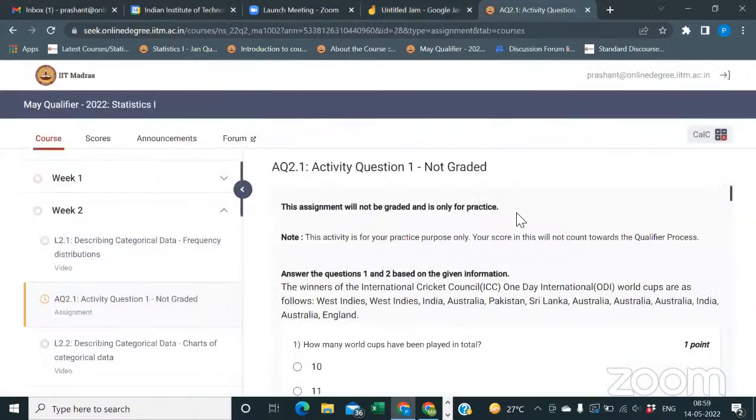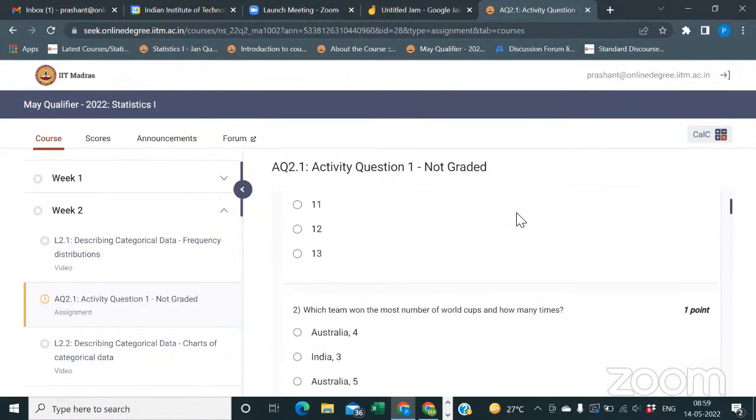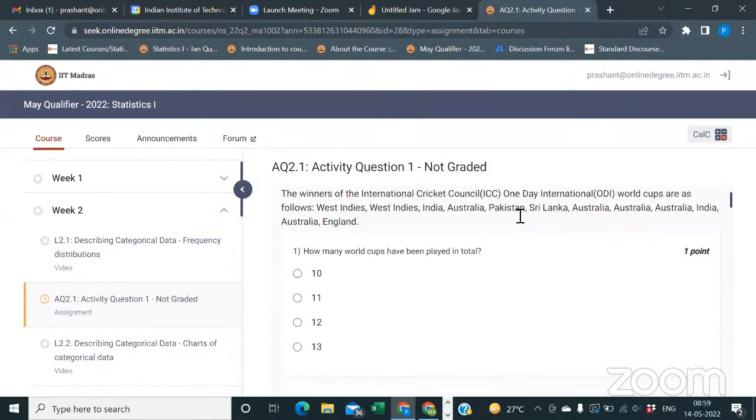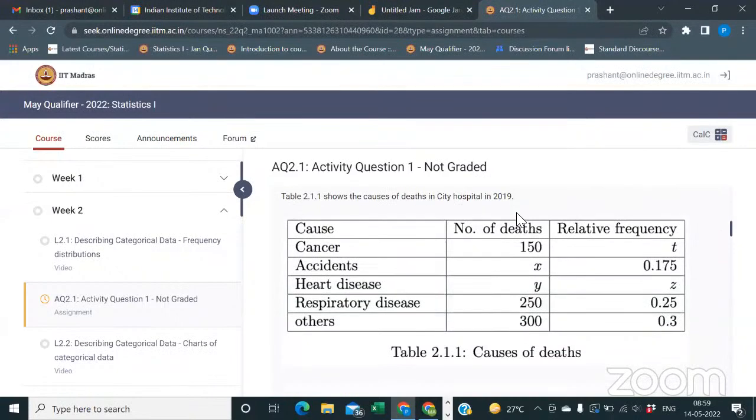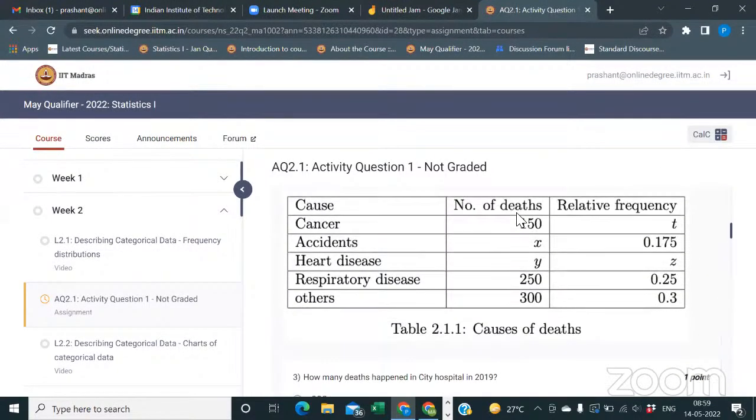Junak, in which question do you have a doubt? I have a doubt in question number 3. In this table, how to find the value of X and Y?